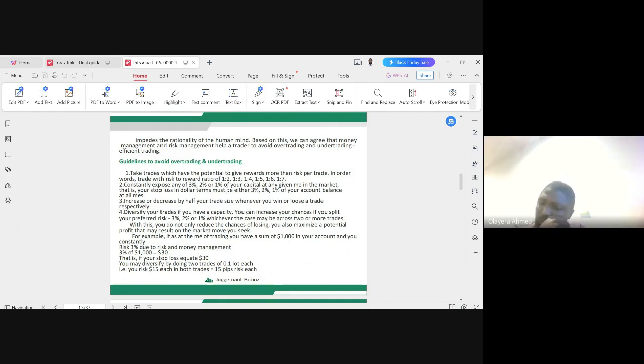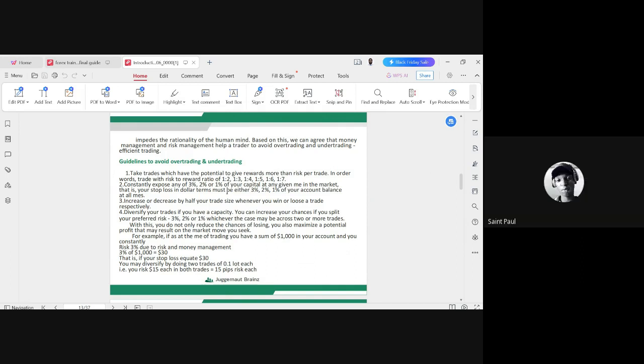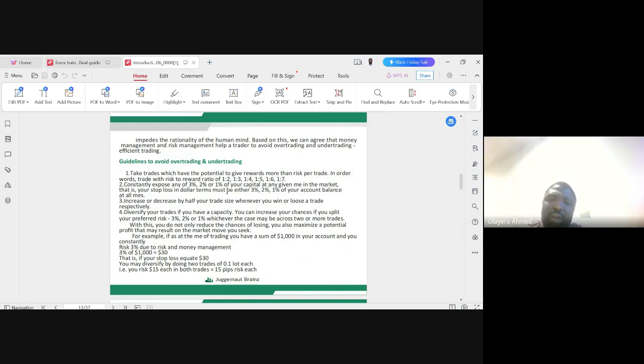Take trades that are like ratio 1 to 2. That means whatever you are risking in that trade, you're looking to gain twice of it. Don't trade in a manner that whatever you are risking is the same as what you want to make. I don't know if you get what I'm saying.